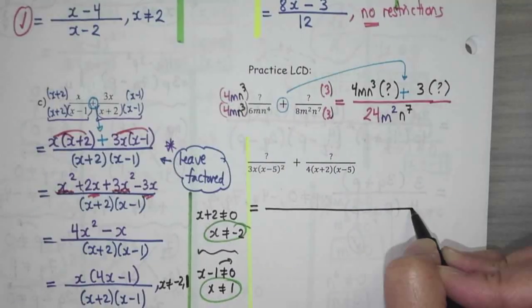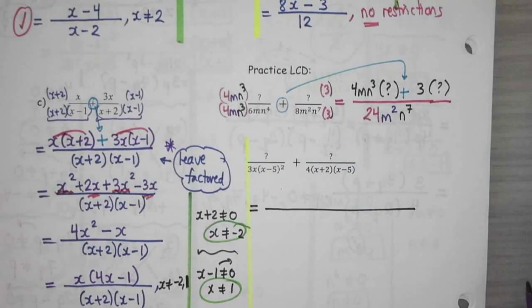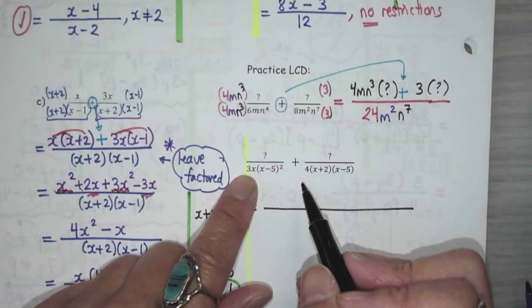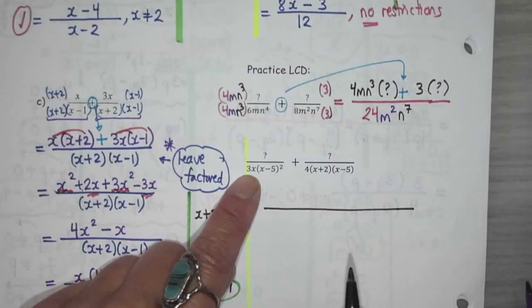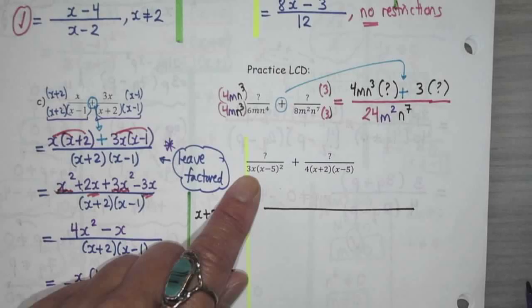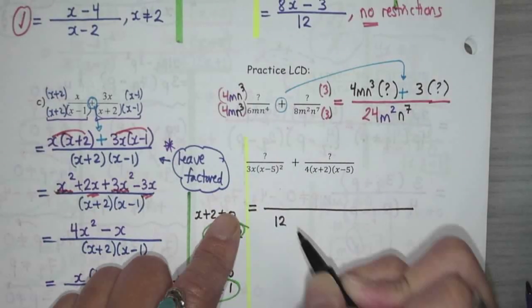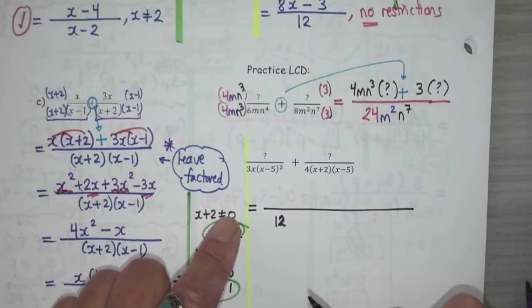We're going to do the same, lowest common. We've got 3x and the 4. So do the monomials separately. Between the 3 and the 4, what's the lowest number that both of them can become? 12. So 12 on that one.